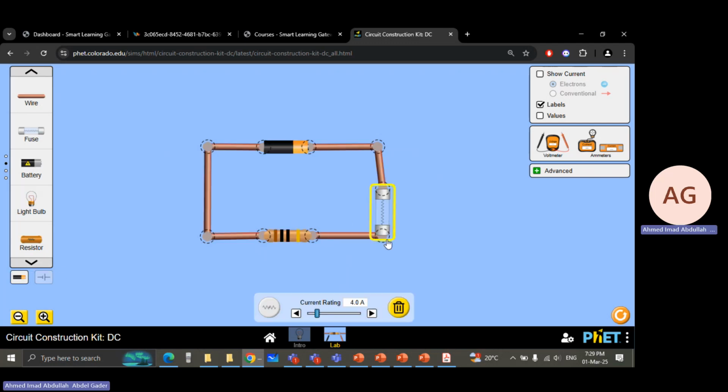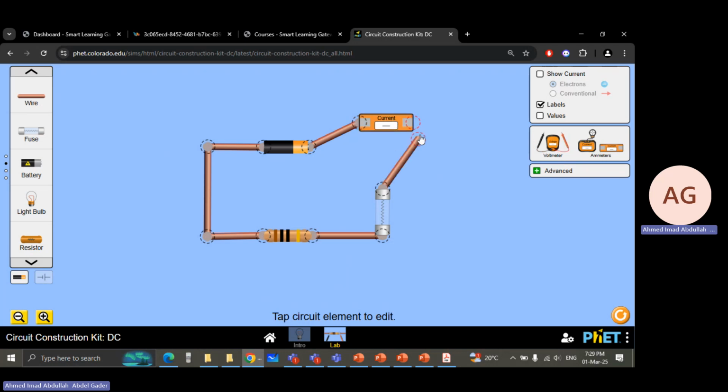So this fuse has a rating. Currently the fuse rating is 4 amps. And let's measure the current going through the circuit when it's closed. So currently it's at 0.9 amps.